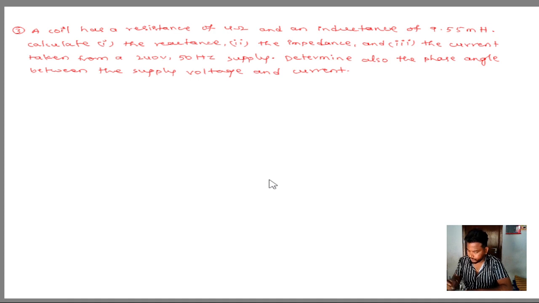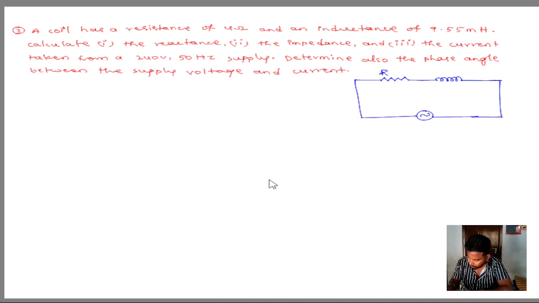It is a series RL circuit, R and L. The supply voltage they are giving is V equal to 240 volts.